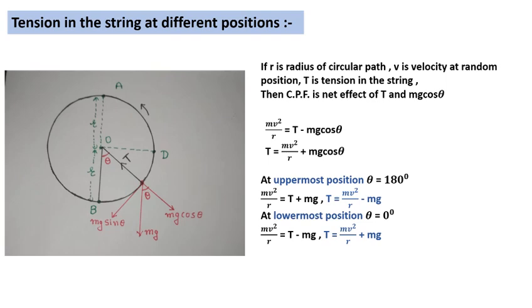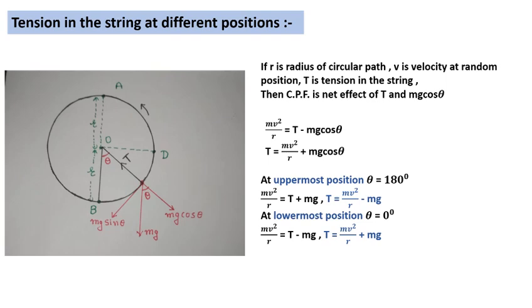Whereas at the lowermost position where theta is equal to 0, mv square upon r is equal to T minus mg cos 0. Cos 0 is 1. So tension in the string T is equal to mv square upon r plus mg. This is about tension at different positions.